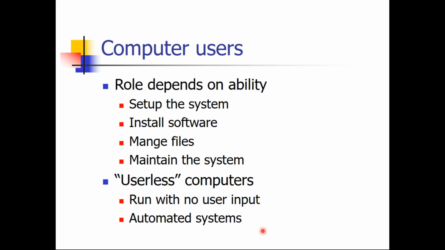Userless computers are also present, which run with no user input. Automated systems are there actually. Examples could be robots or automatic teller machines. Or something like the automated chats you will have observed, like chatbots.